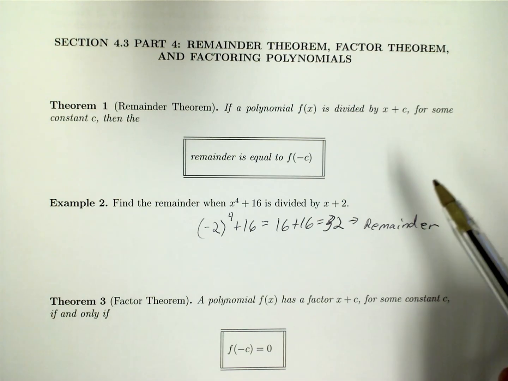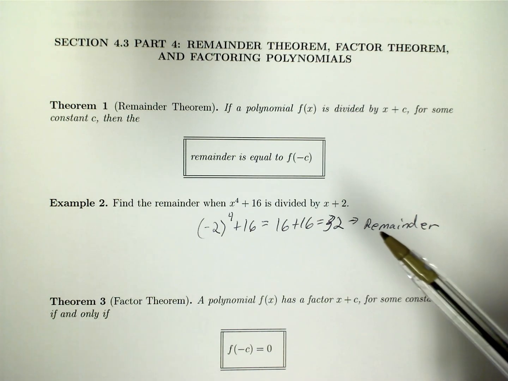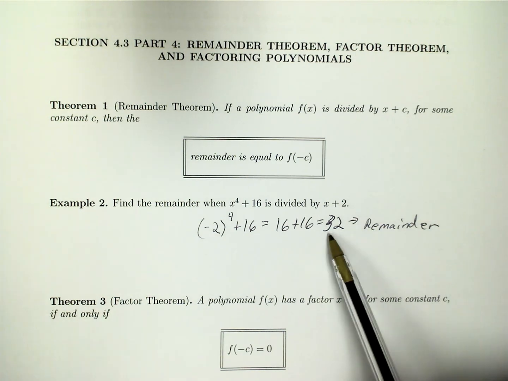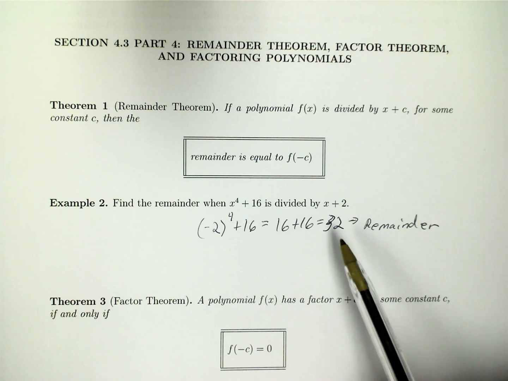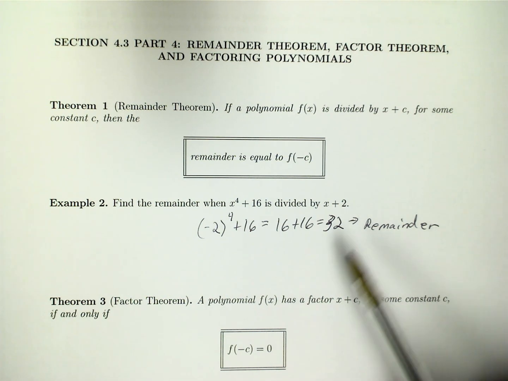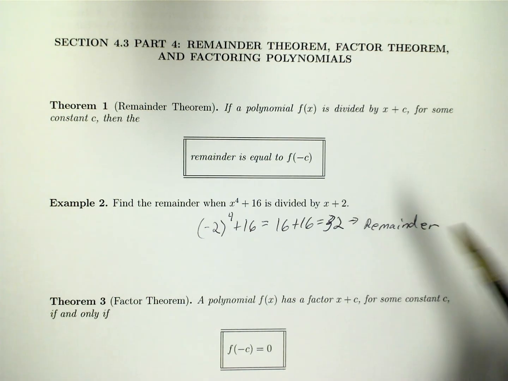So what does this actually mean? It's actually kind of cool because the remainder theorem really just leads into what we call the factor theorem, which is more or less the same thing. When the remainder happens to be 0, we know that what we divided by goes into it evenly, which means that it is a factor. And the quotient is also then a factor if it divides into it evenly.